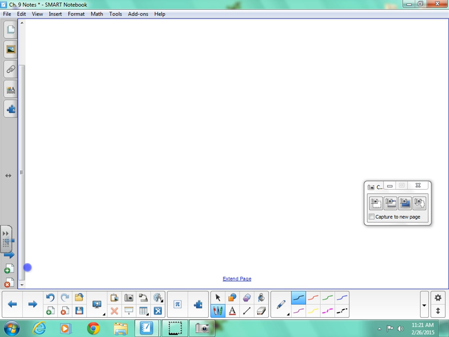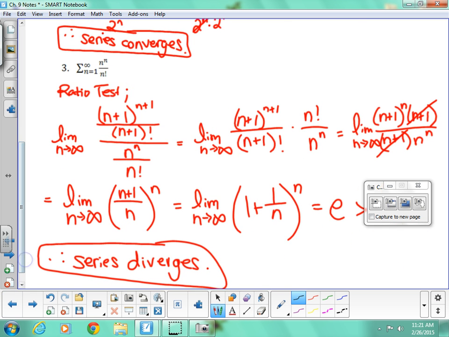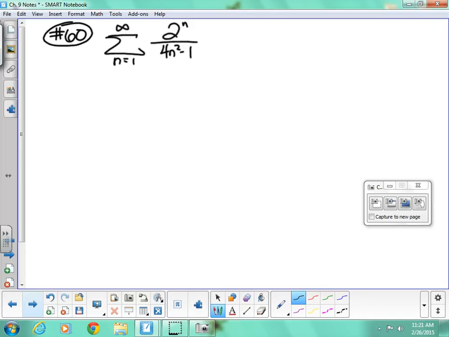How far did I go on the last page? 1, 2, 3. This could be like 4.